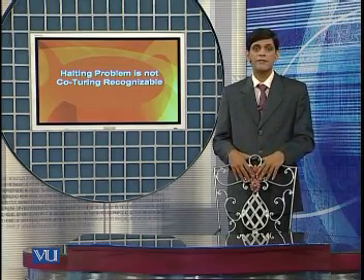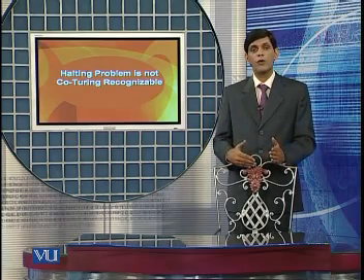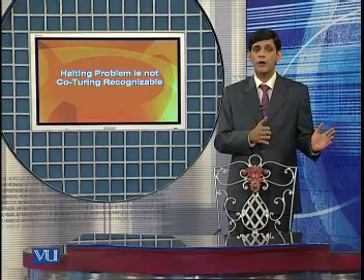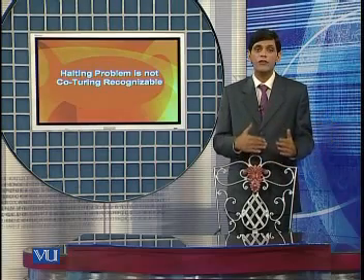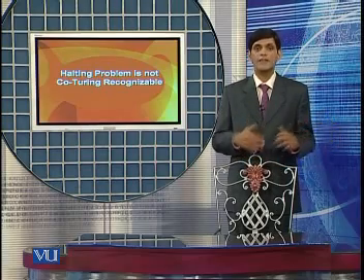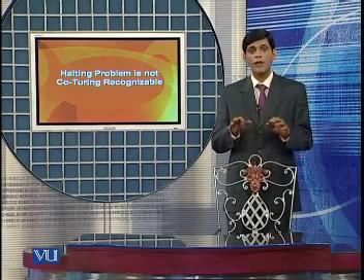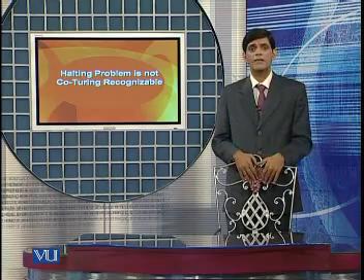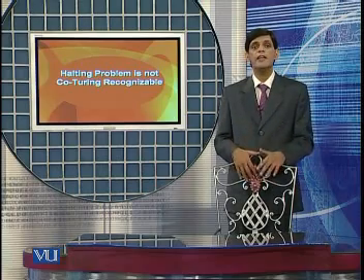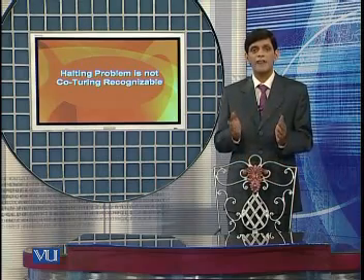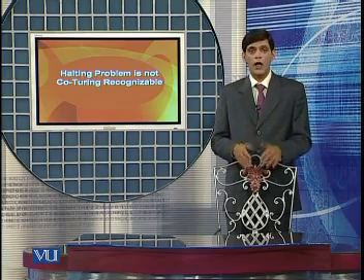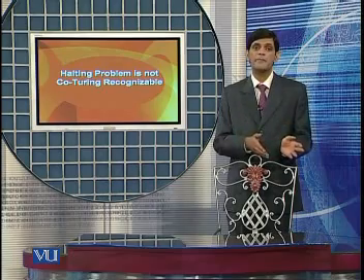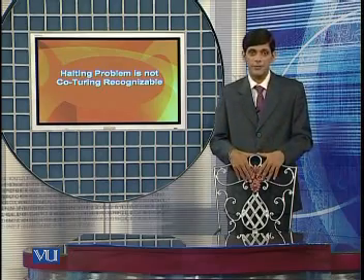So today what we have done is we have been able to show that there are problems, and in fact we have identified a problem, the halting problem, and shown that it is not decidable. Then we also saw that the halting problem is Turing recognizable. It is very easy to make a Turing machine that recognizes A_TM. All it does is simulate M on w, and if M accepts w, then it accepts.